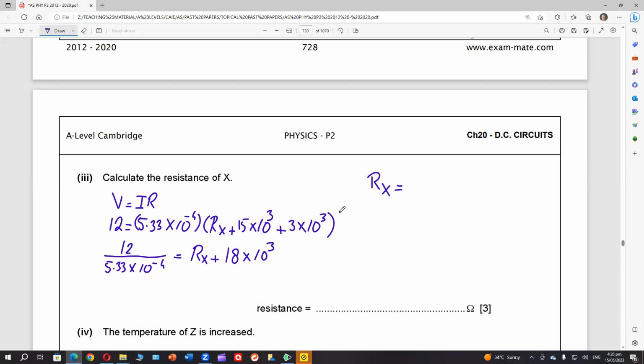Perfect. I tried both ways. I'm getting the same answer, 4502. Can you repeat? 4502. Yes.